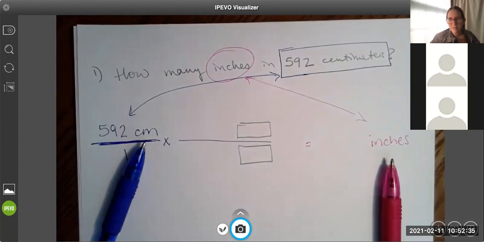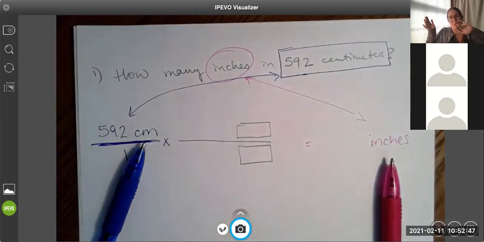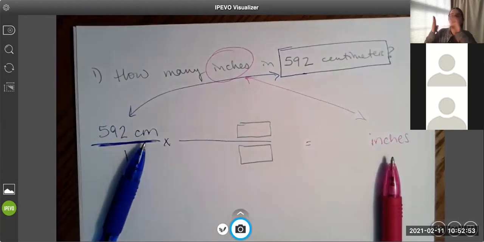The centimeters are on the top. There you go. Do we want centimeters in our final answer, or do we want to get rid of centimeters? I want to get rid of them. We want to get rid of them.